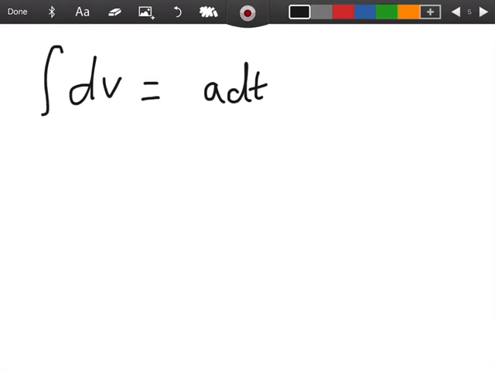So we're going back to dv equals a dt. Sorry, I should say with respect to velocity and with respect to time. Sorry, that's a bad habit to get into, so don't start it. I'm warning you. So we're going to integrate both sides again. But we are not going to set limits this time, okay?